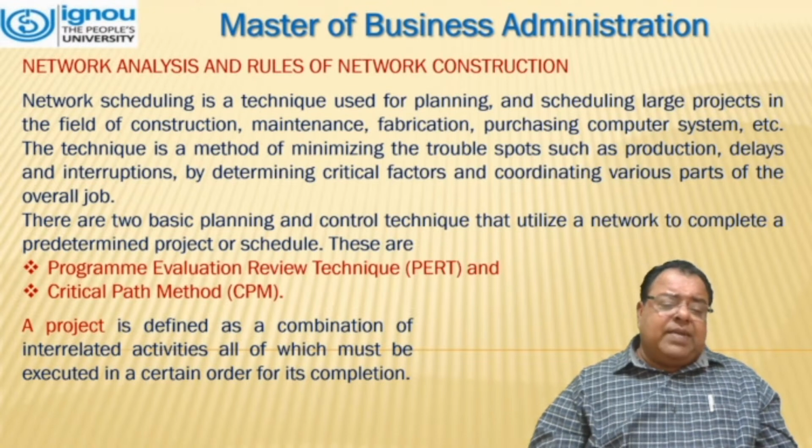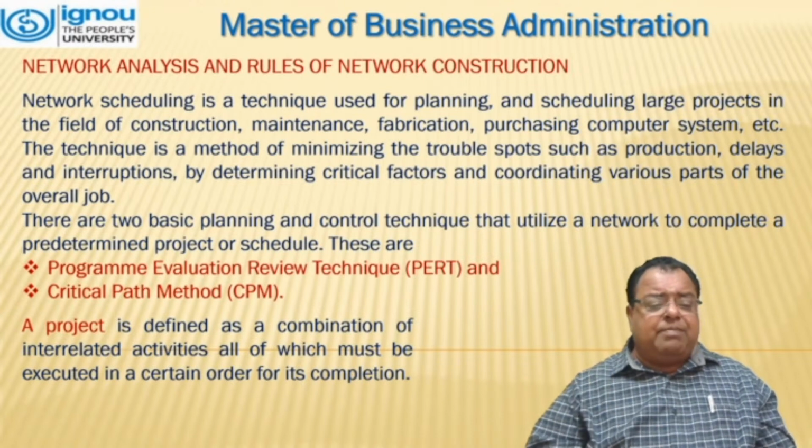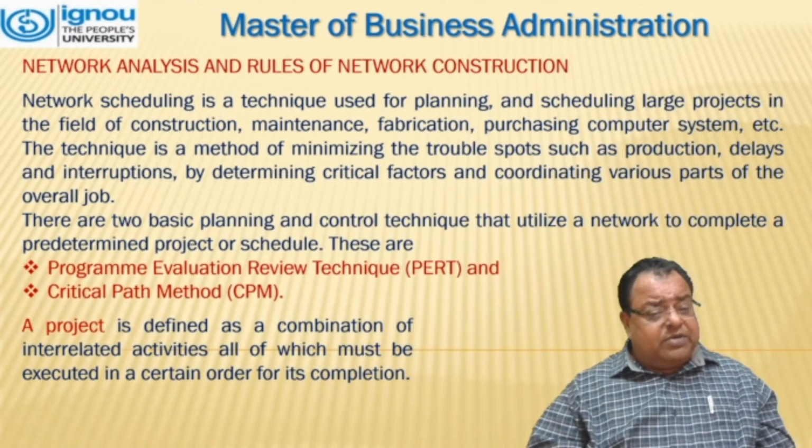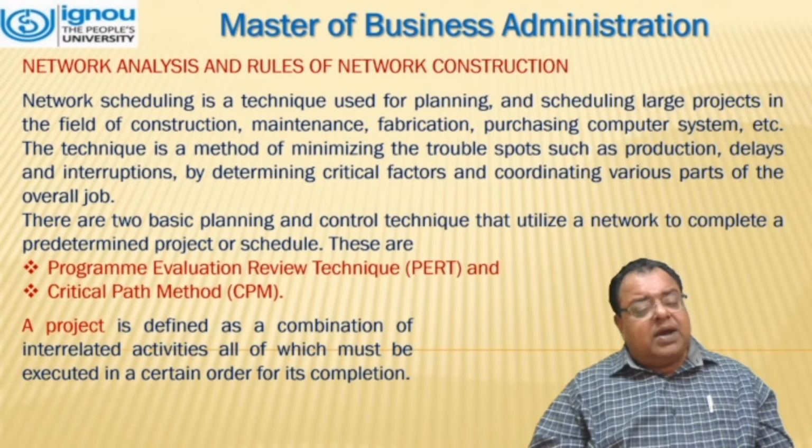There are two basic planning and control techniques that utilize a network to complete a predetermined project or schedule. These are Program Evaluation Review Technique, that is PERT, and the second one is Critical Path Method, that is CPM.